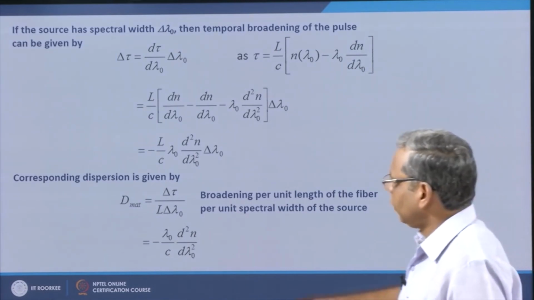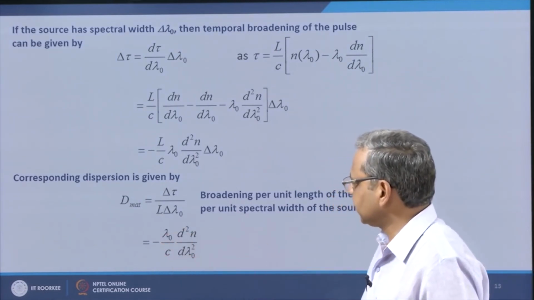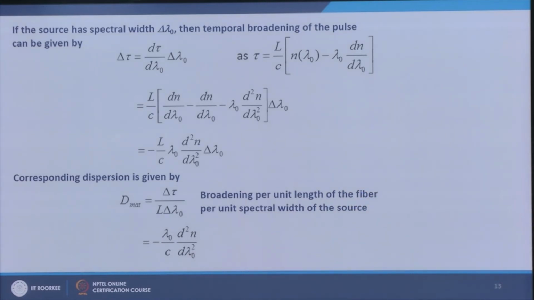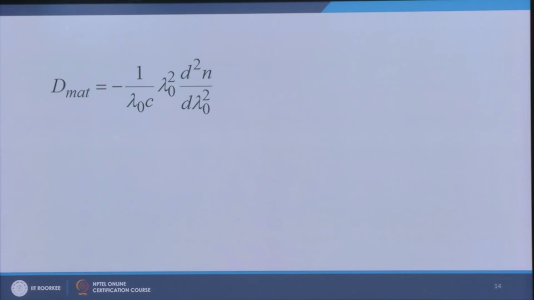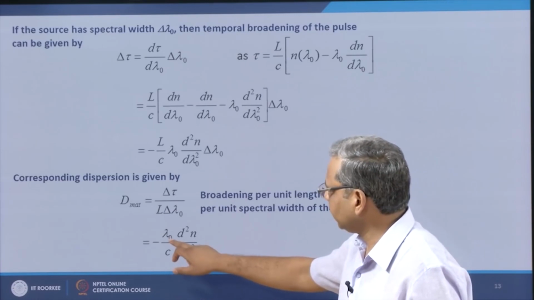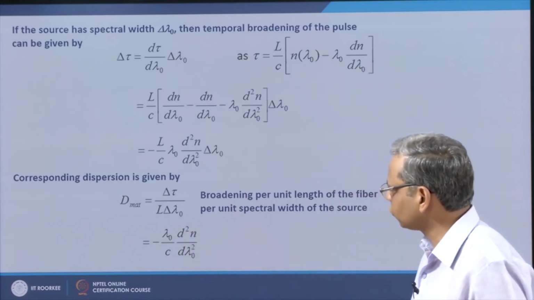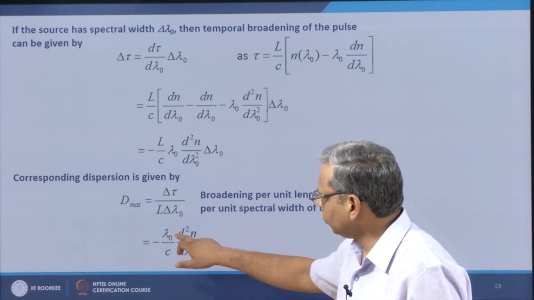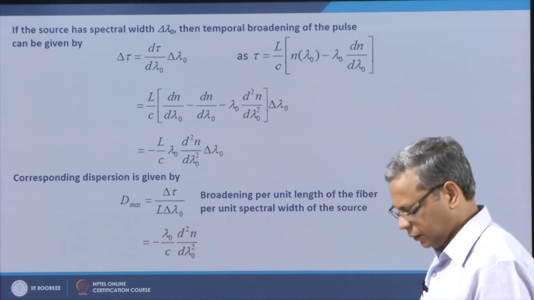So, this would now be simply minus lambda naught by C d2n over d lambda naught square. Let us work out with the dimensions here. So, if you go back, it is lambda naught, it is d2n over d lambda naught square. So, what I do now, I multiply numerator and denominator by lambda naught.